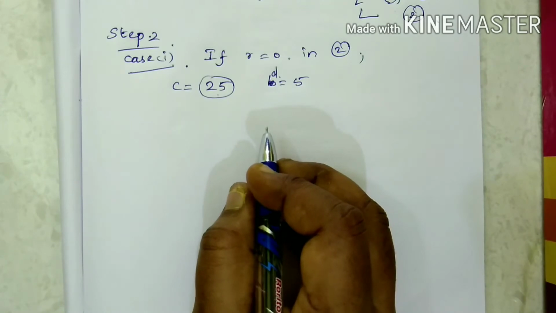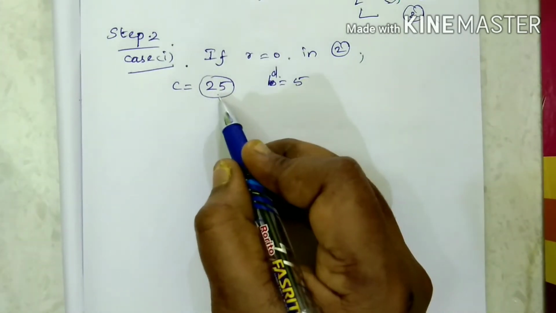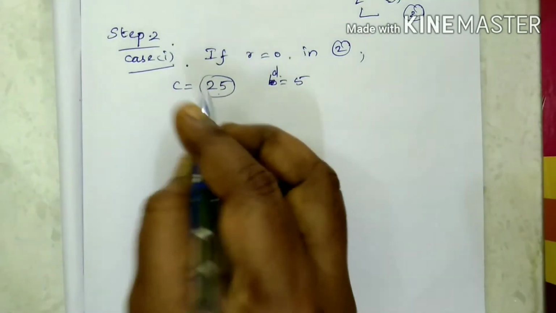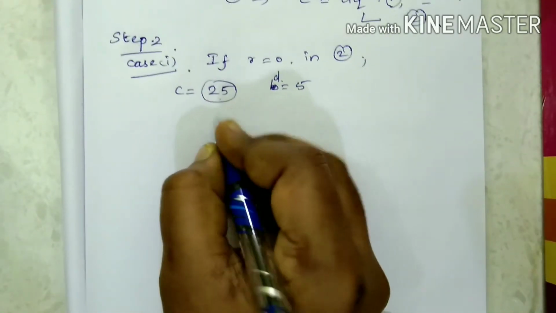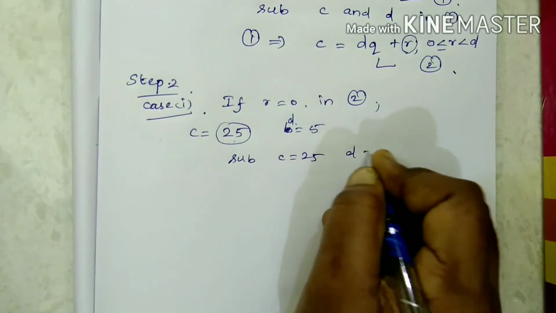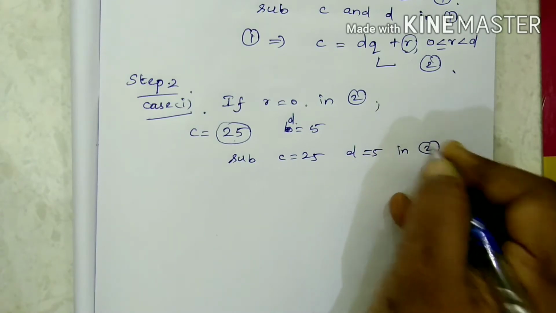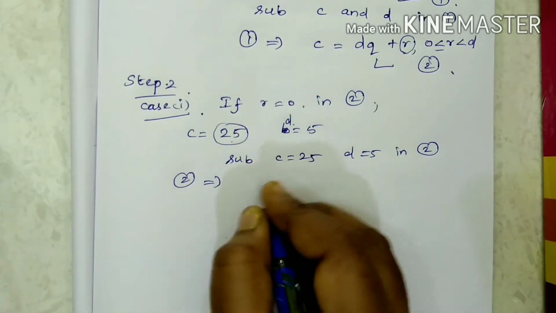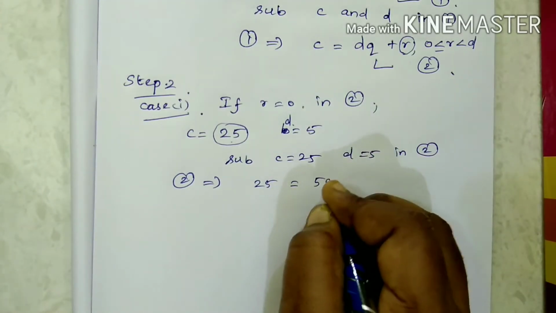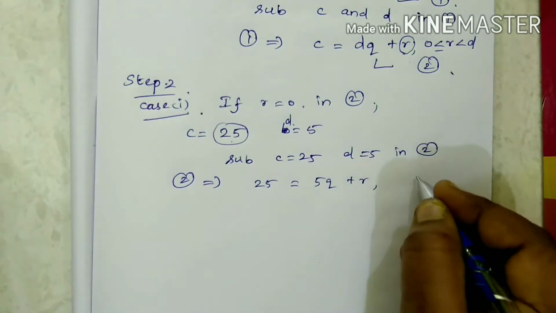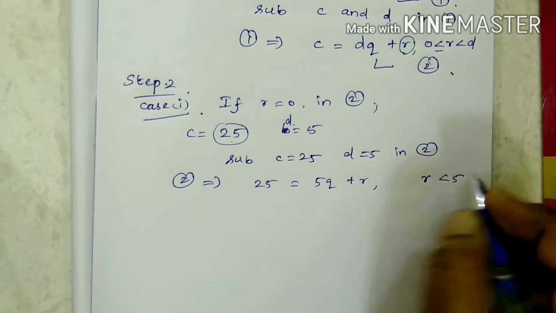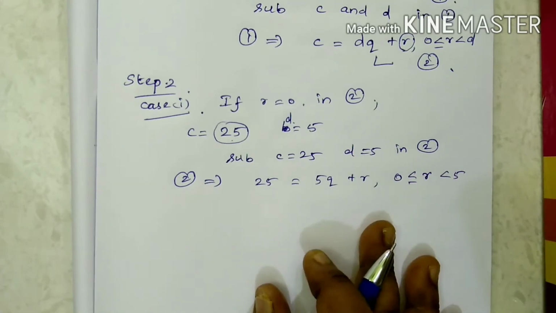Now we are going to substitute these values, C equals 25 and D equals 5, in equation 2. Then equation 2 implies 25 equals 5Q plus R, where this R should satisfy the condition R less than 5 and greater than or equal to 0.